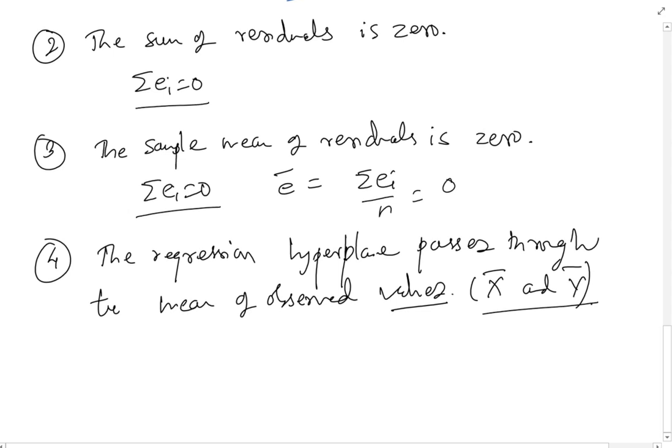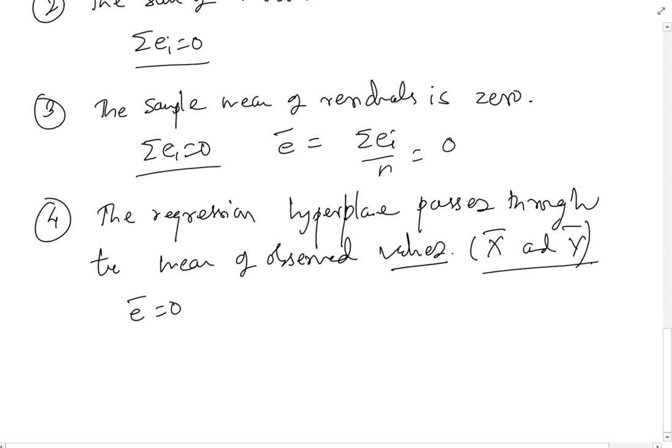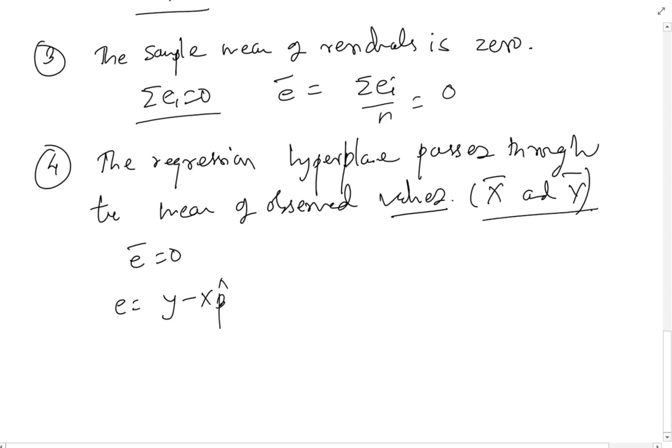Let's prove it. Since we have e bar equals 0, e equals y minus x beta hat, and let's divide this by n. It means that it will be simply e bar equals y bar minus x bar beta hat.